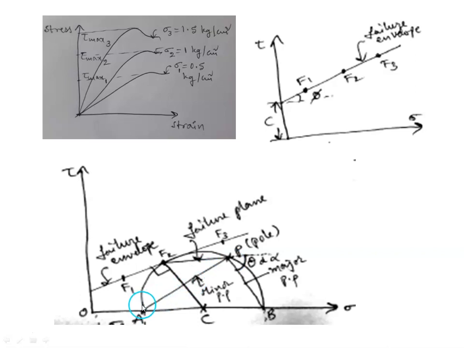We know that the major principal plane and minor principal plane are mutually perpendicular at the pole. And if we extend this line, then the angle between this failure plane and major principal plane will give you the value of theta, that is angle made by the failure plane with major principal plane, where theta equals 45 plus phi by 2.